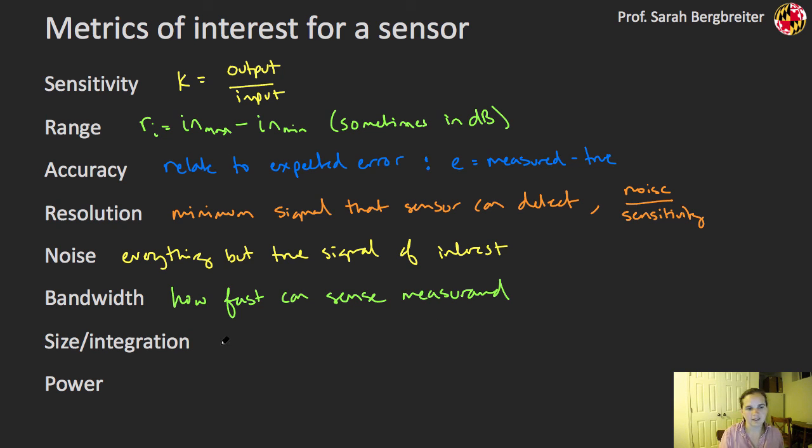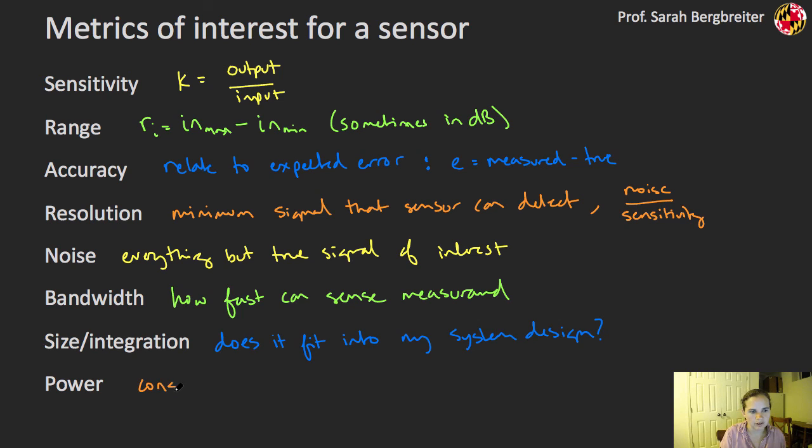Things like size and integration answer the question of whether it fits into my system design. If I'm trying to design some kind of general mechatronic system and I need this big bulky sensor, or it's really tough to integrate into my system, that might not be the best choice of sensor. And finally, power.